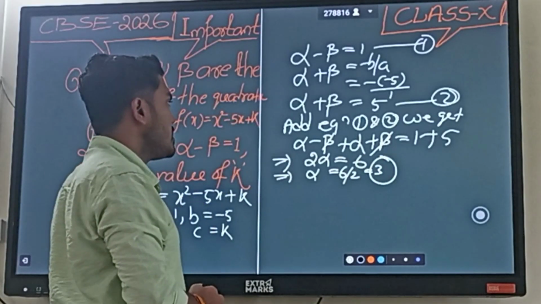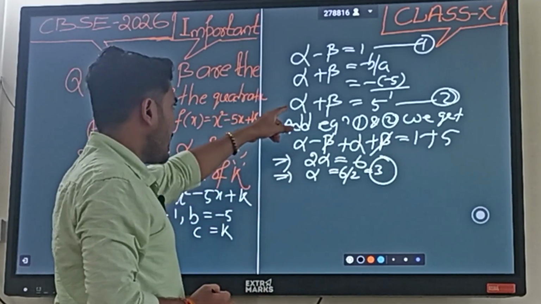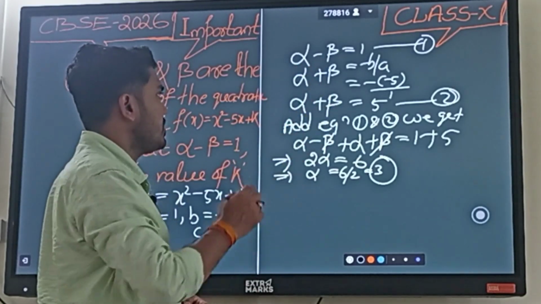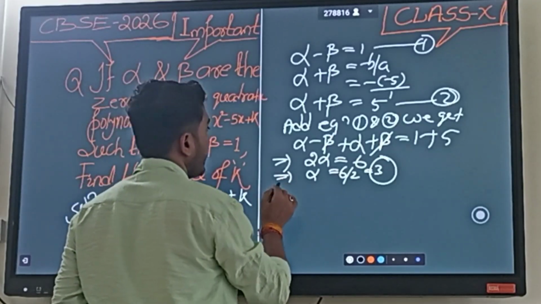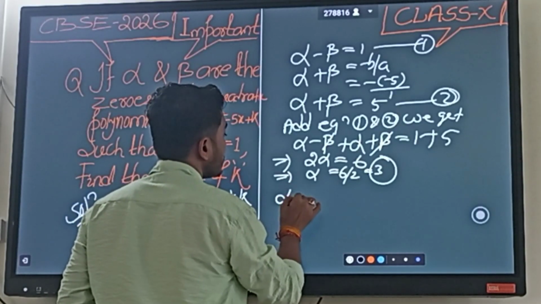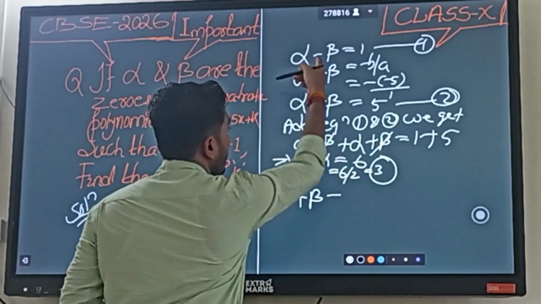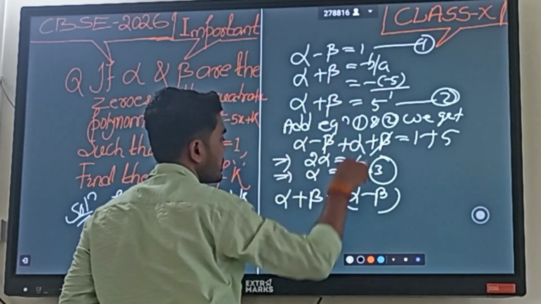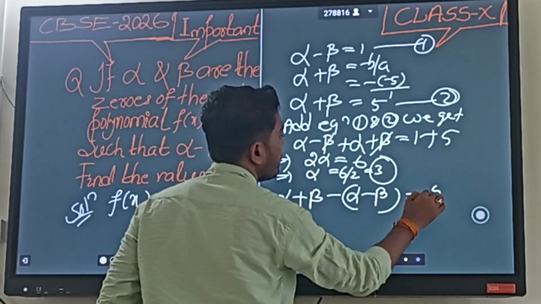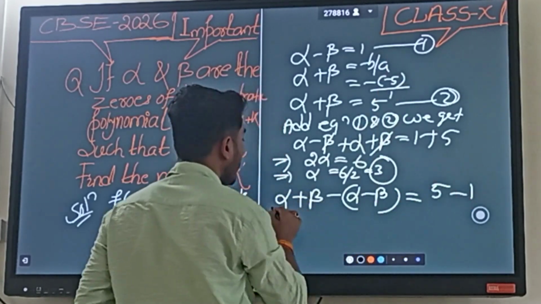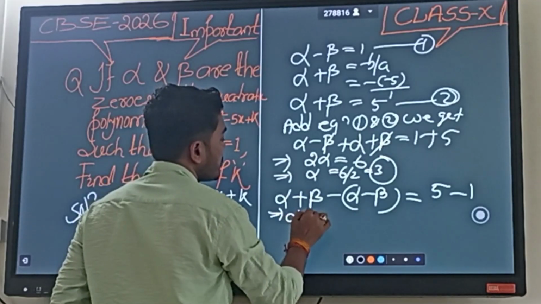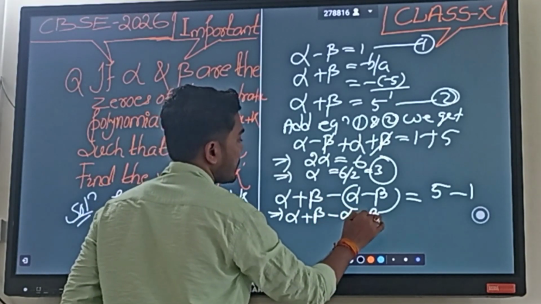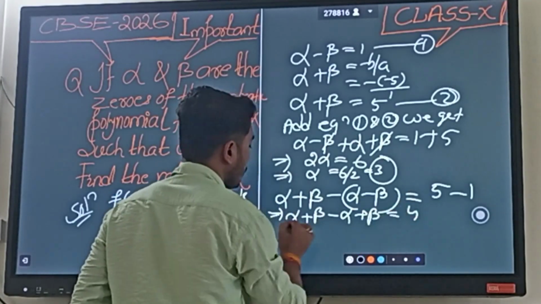Next, again, students, you know alpha minus beta is equal to 1 and alpha plus beta is equal to 5. Now subtract equation 1 from equation 2. What will you get, students? Alpha plus beta minus alpha minus beta is equal to 5 minus 1, which is 4.